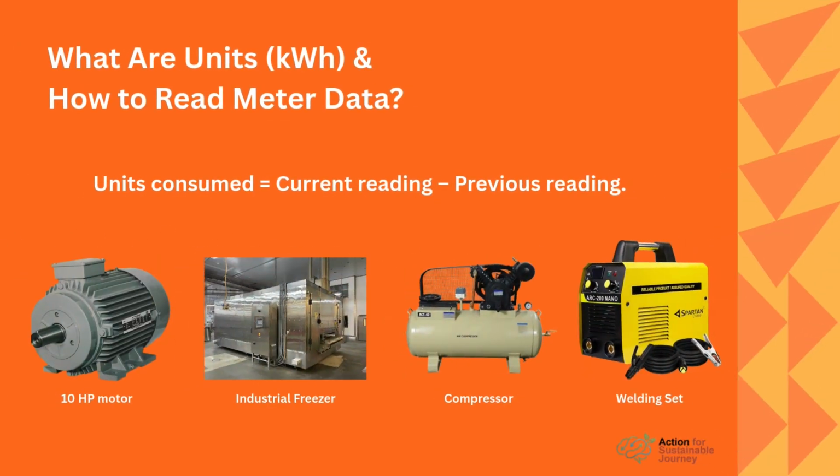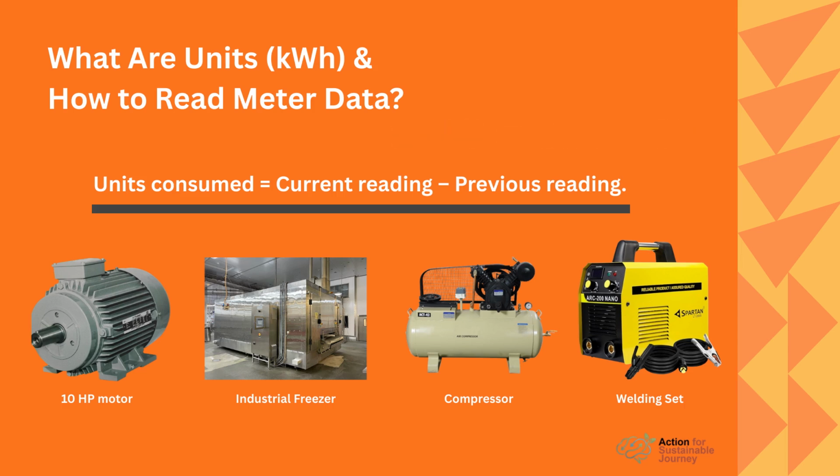The most important element of your electricity bill is the units consumed, measured in kilowatt hours or kWh. 1 kWh means using 1000 watts for an hour. To understand your usage, look at the meter readings. Units consumed equals current reading minus previous reading.